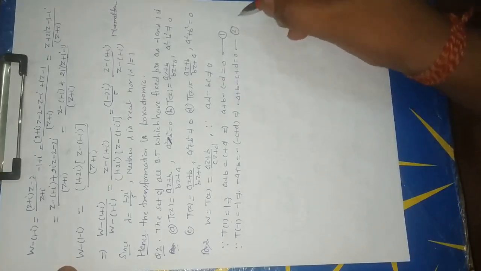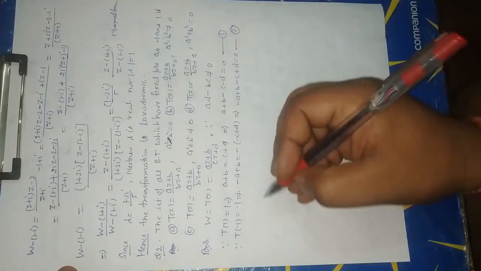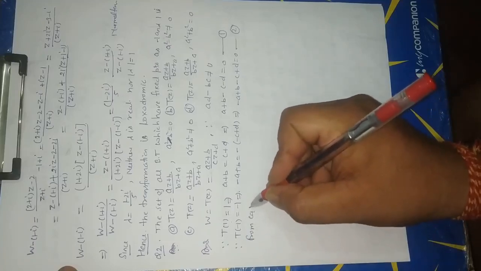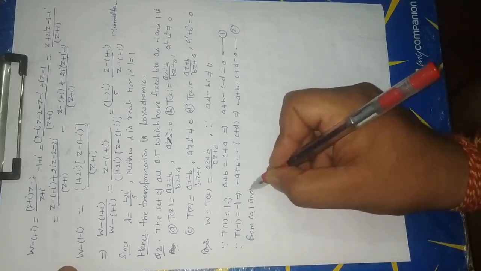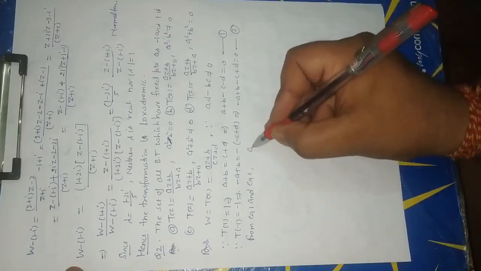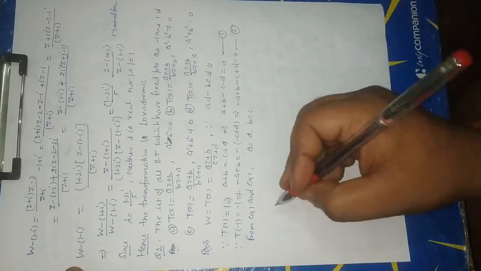This is equation number 2. Now solving from equation first and second, we get a equal to d, b equal to c.